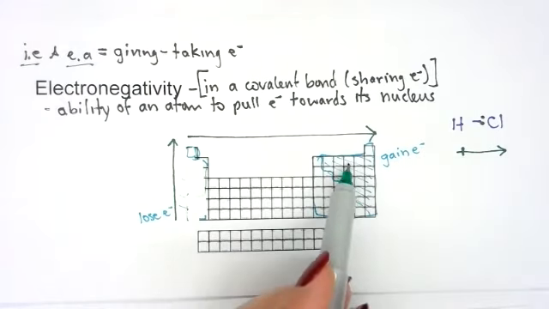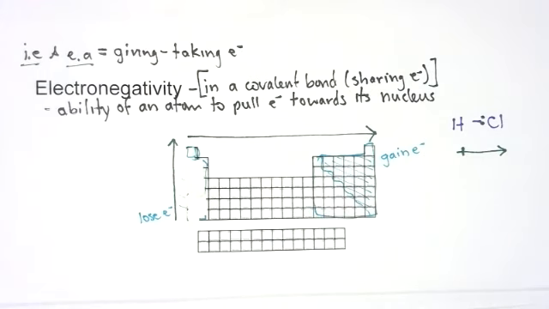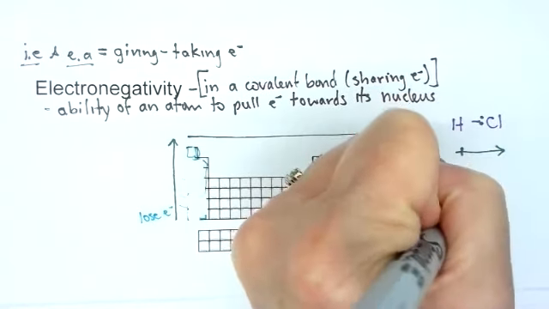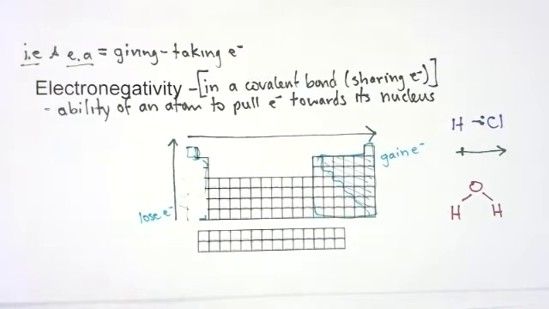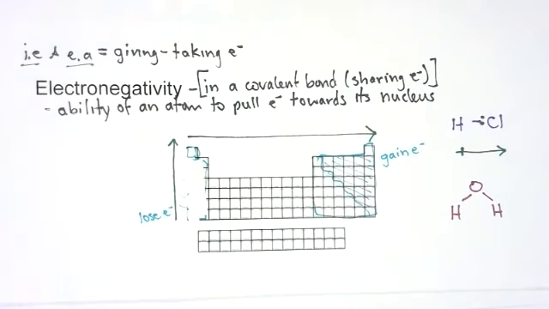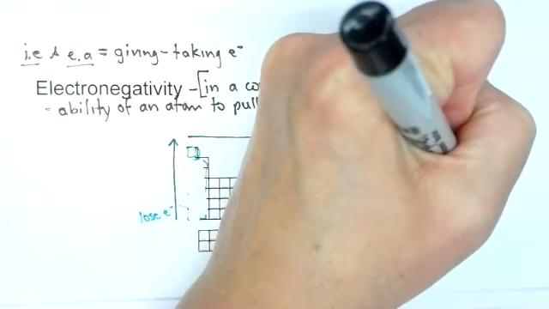Let me show you water, because we're going to talk about this later in the chapter. I've got H2O, and the oxygen is more electronegative than the hydrogen, so it pulls the electrons towards its nucleus.